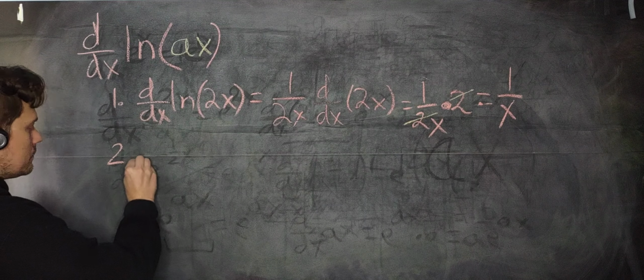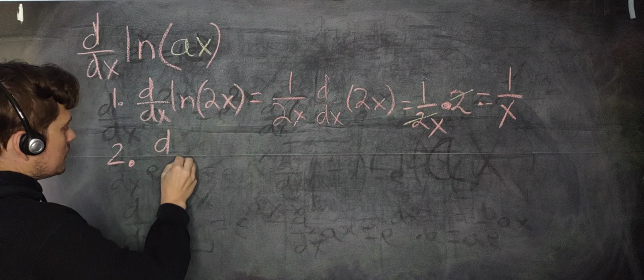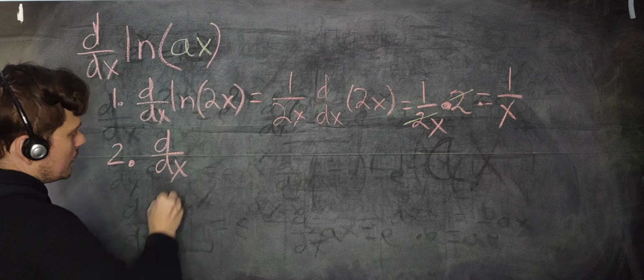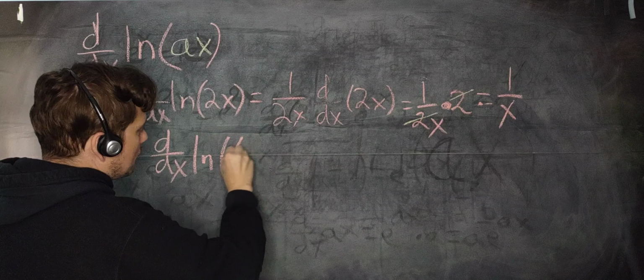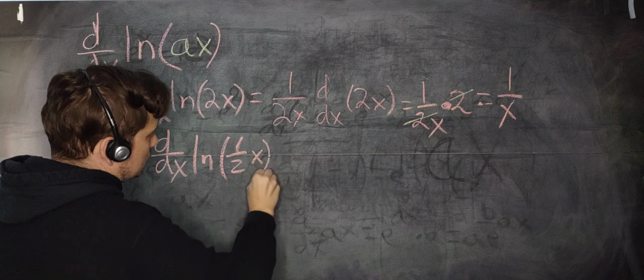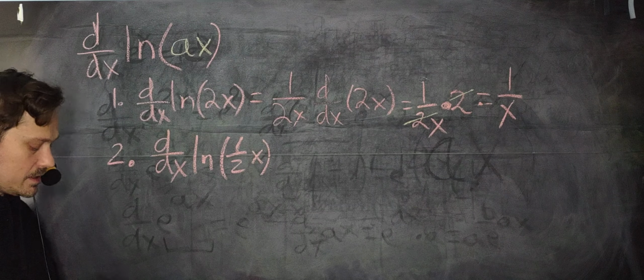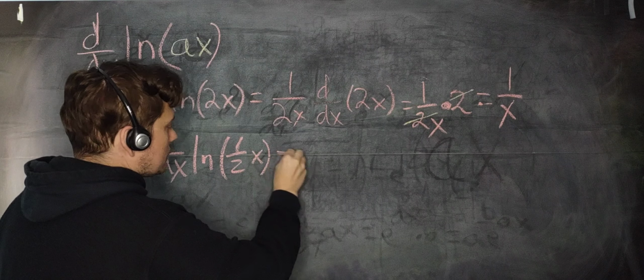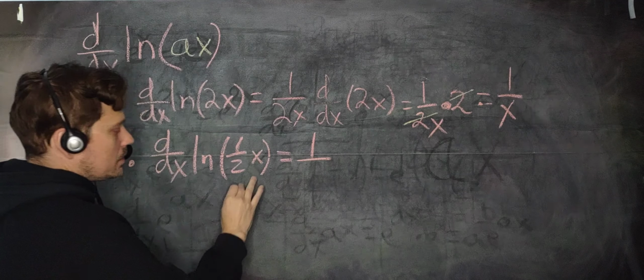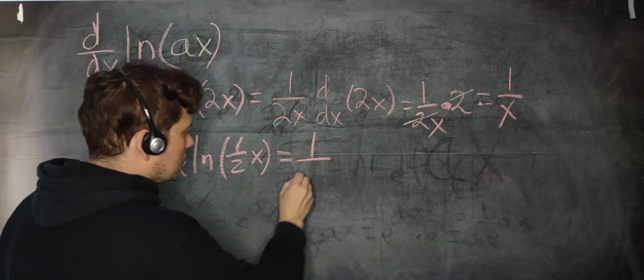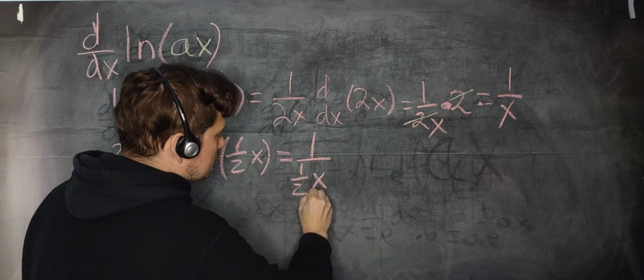Okay, second example. Imagine you differentiate with respect to x, and let's say ln of 1/2 of x. So let's see what happens here. Again, the derivative of the outside is 1 over the inside part, so it's going to be 1 over 1/2 x.